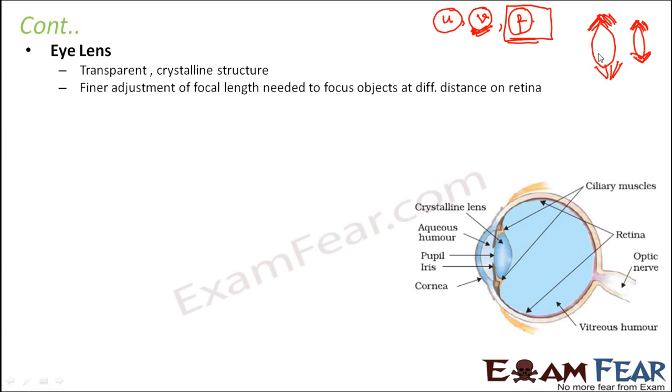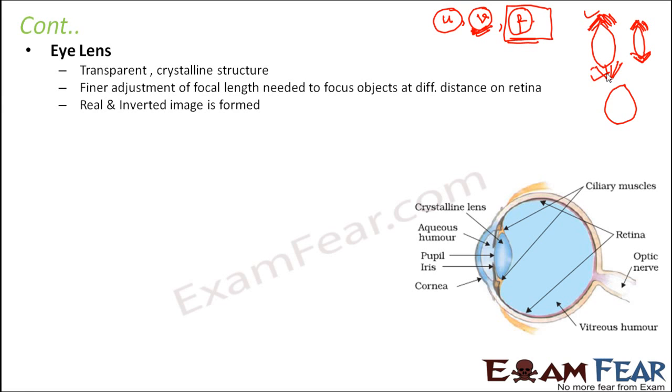Similarly, if these muscles leave it loose, the lens can become even like this. So that is how these ciliary muscles which are present on top and bottom of the lens can actually control the focal length of the eye lens. It can actually change the focal length and ensure that every time, irrespective of the distance of the object, the image is always formed on the retina.